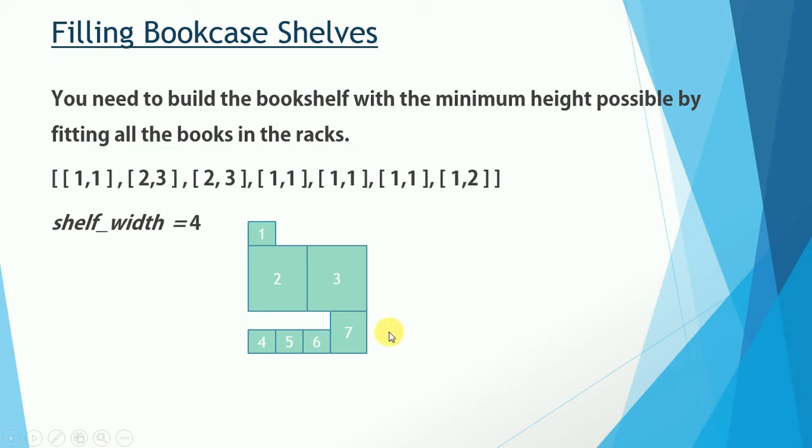Hence, this arrangement is possible. We are going to solve this problem using dynamic programming in our framework, and I hope that you have got an idea of this problem. If the problem statement is not clear to you still, then I recommend you to revisit the explanation. It will be clear to you.